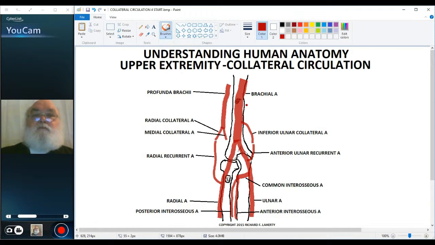Another branch of brachial is the superior ulnar collateral, and let me put the label in here.